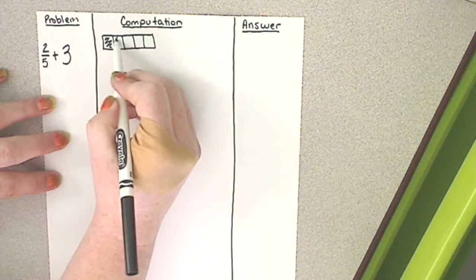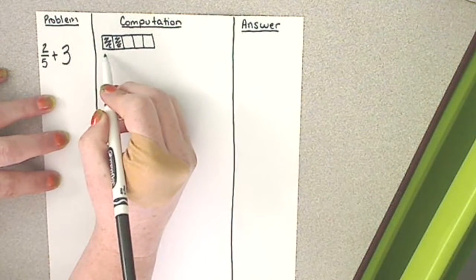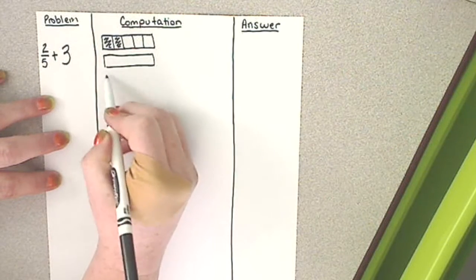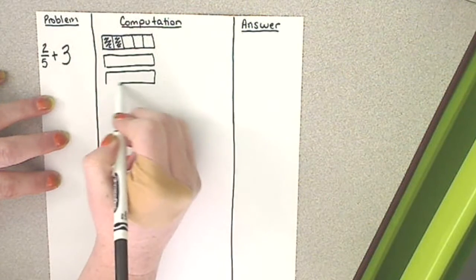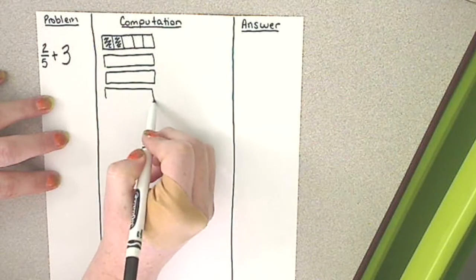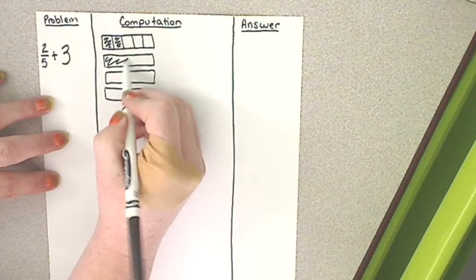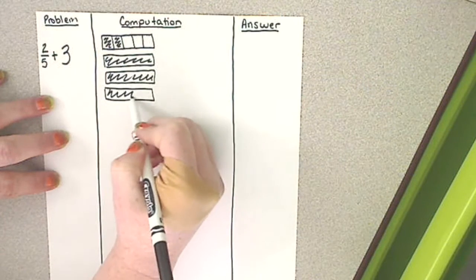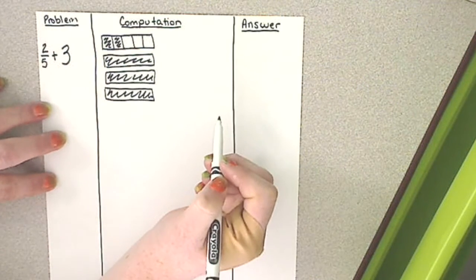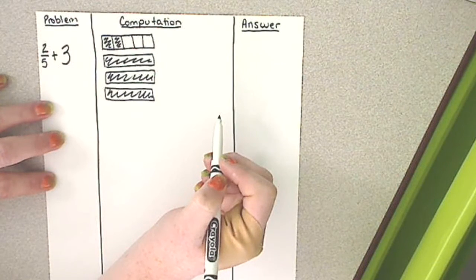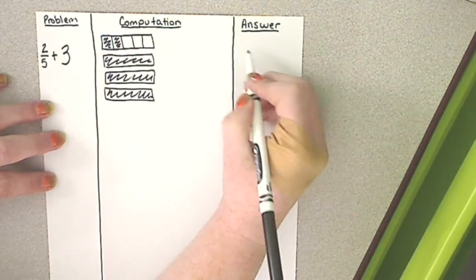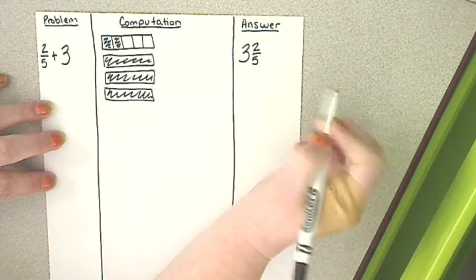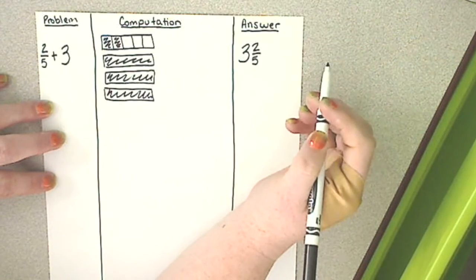So there's 2/5, and then 3 wholes. There's no fancy footwork involved here. It's simply 3 and 2/5 because there's nothing to be reduced.